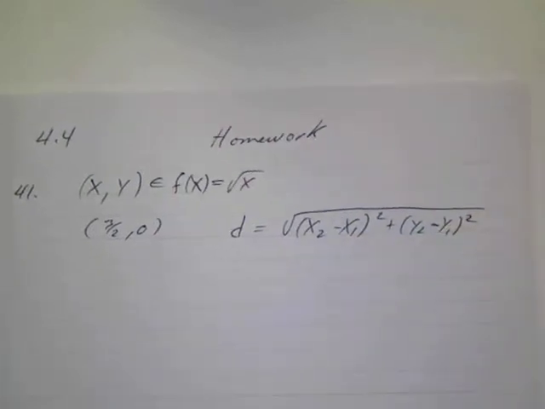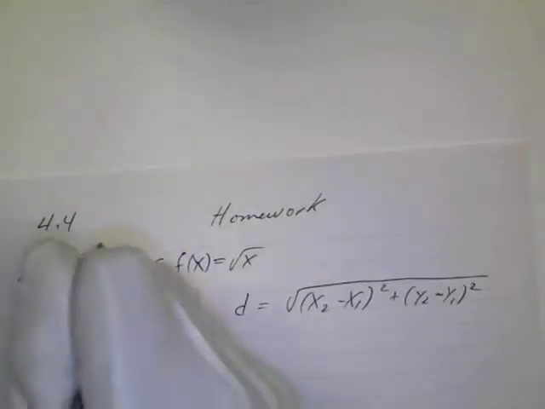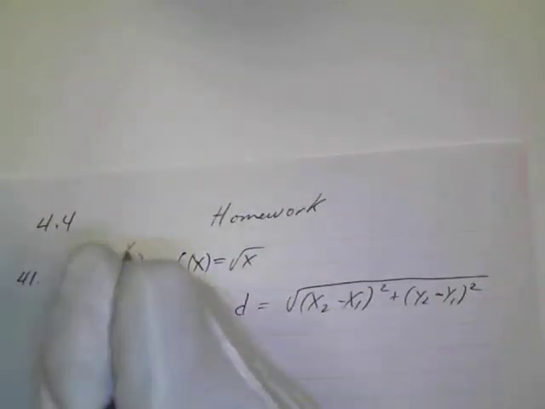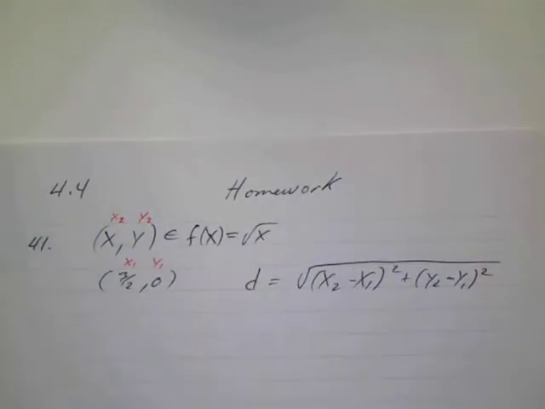And I usually label my points so I know what's going to go where. So I can call the point on the curve x2, y2, and I'll call this x1, y1, and then I'll just substitute those into the formula.